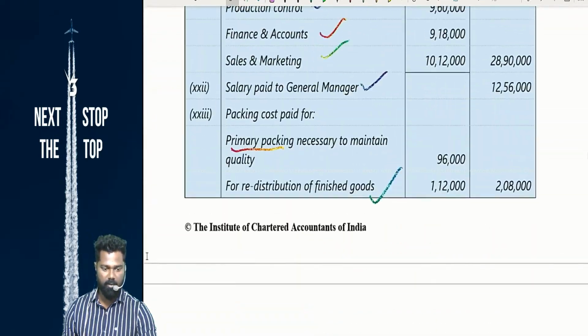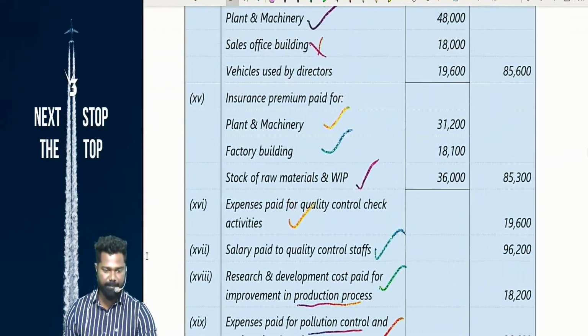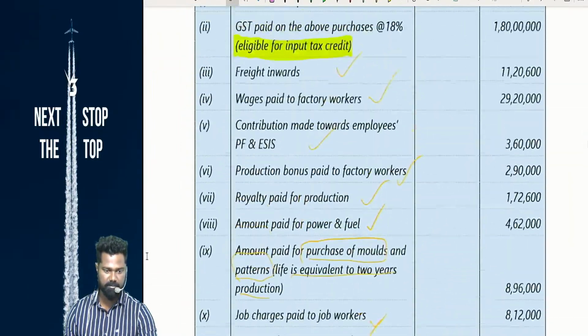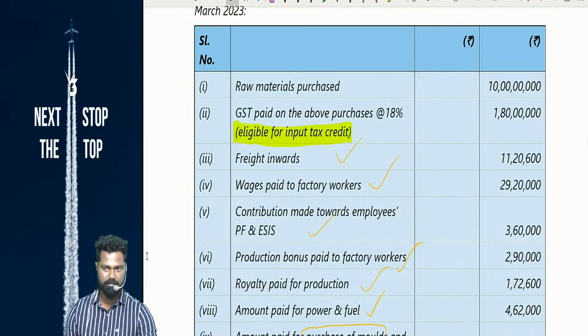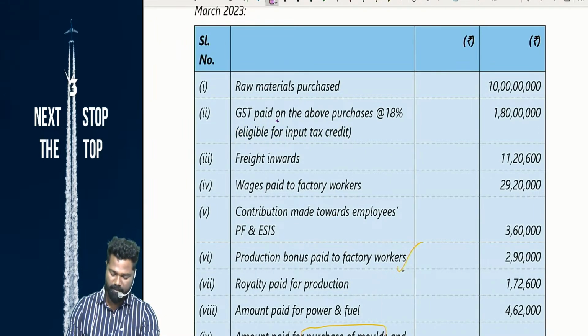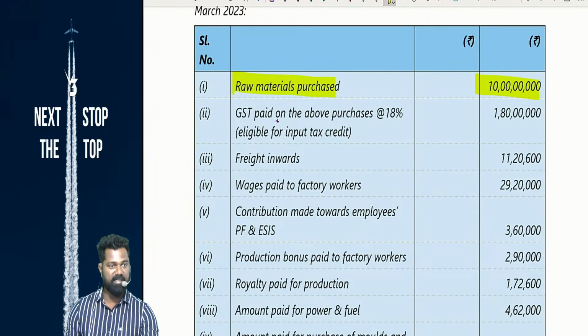Okay. Now look at the question and tell me how much is the purchases given in the question. Where is that given? Can you all see? So purchases 10 lakhs.